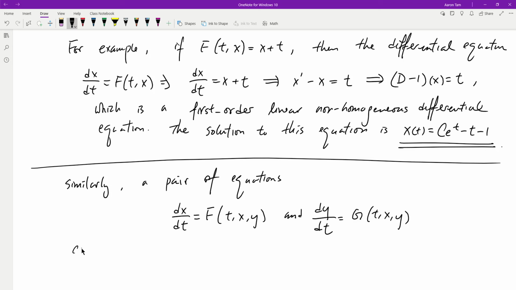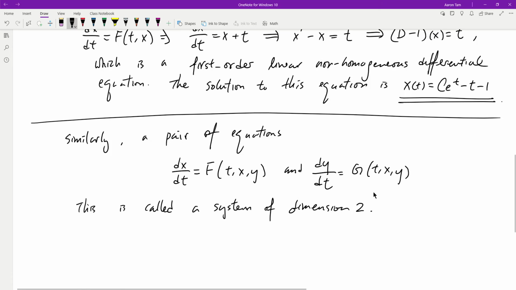Then this pair of equations is often referred to as a system of dimension 2, because they have two derivatives. That's why I call it a system of dimension 2. And also understand that these two derivatives are related to two dependent variables, which are x and y, with the independent variable t.